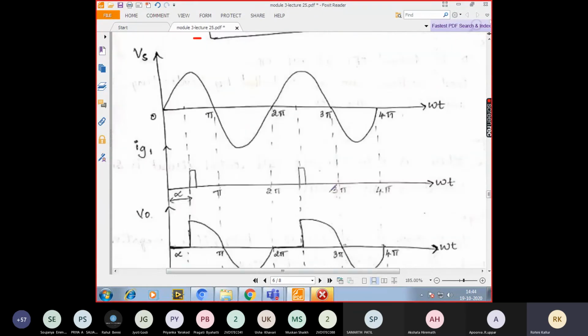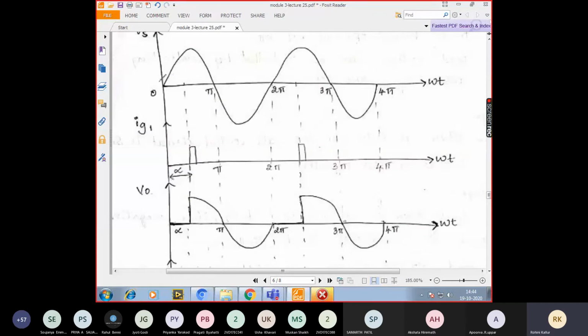Now, this is your input waveform. It has the markings of your time period: 0, pi, 2 pi, 3 pi, 4 pi and so on. Note that in the on-off control, you have the Ig value at omega t equal to 0, pi, 2 pi, 3 pi and so on.